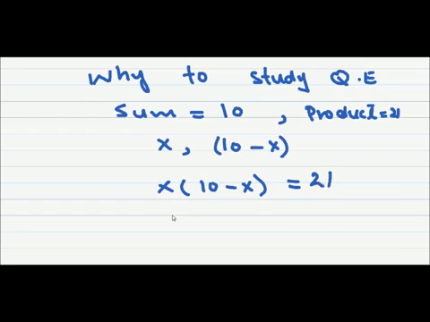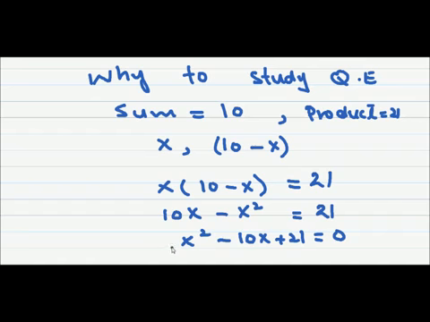If we multiply these two, we get 10x minus x square is equal to 21. Now if we simplify this equation, we get x square minus 10x plus 21 is equal to 0. Thus, this becomes a quadratic equation.